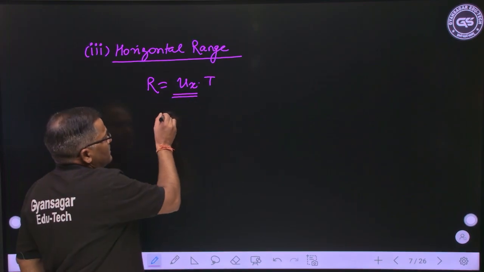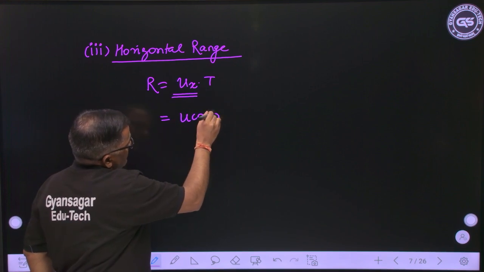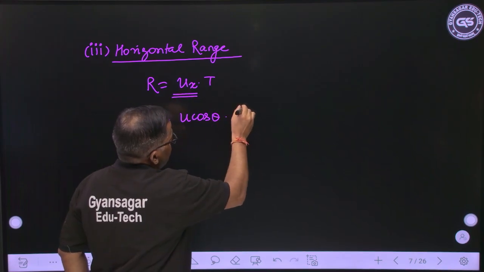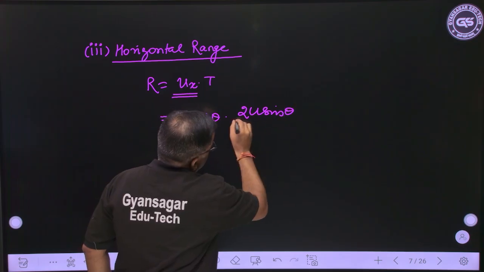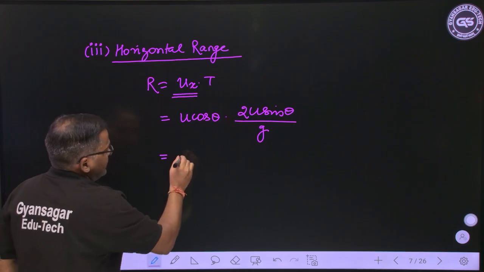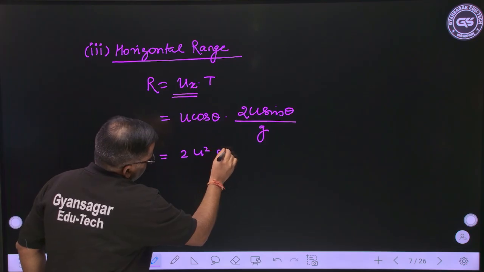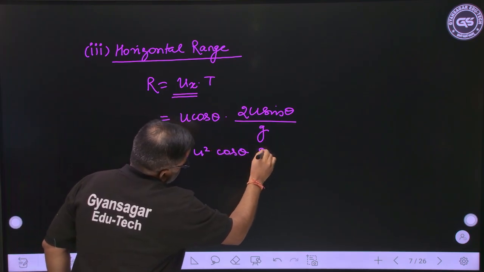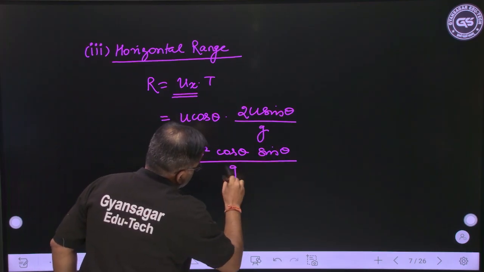So in place of this u cos theta and in place of this 2u sin theta by g. So this is 2u square cos theta sin theta by g.